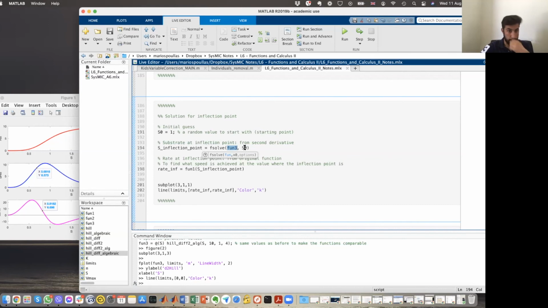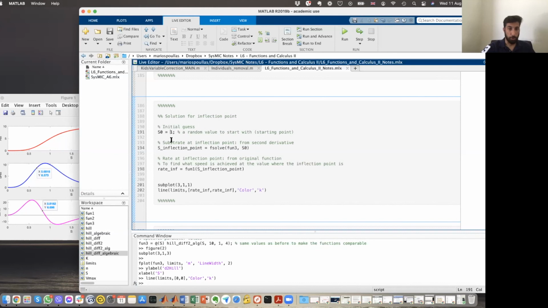Before doing that, as you can see here, we are solving against what? We are giving what initial value. That's why before executing this part of the code, I'm doing an initial guess.